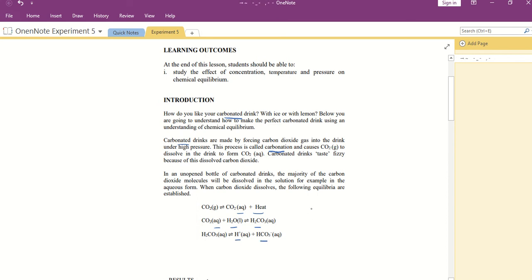So now we have a system, where the system is our carbonated drink. Inside the system, we have all these three reactions. At one point, the system will achieve equilibrium. Equilibrium means that the system is stable.